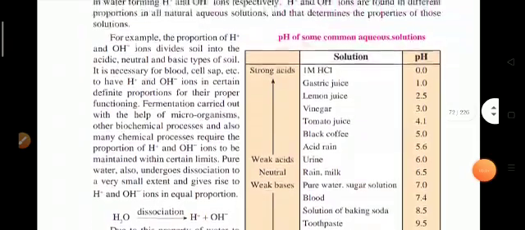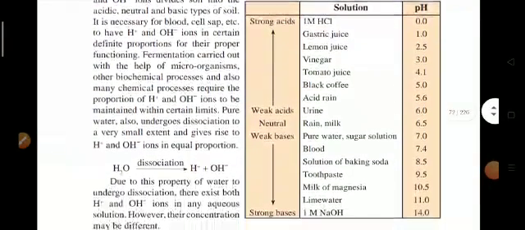Moving with the pH of common aqueous solutions, the strongest acid is 1 mole of HCl and the strongest base is 1 mole of NaOH. The weak acids are gastric juice, lemon juice, vinegar, tomato juice, black coffee, acid rain, urine, and milk.